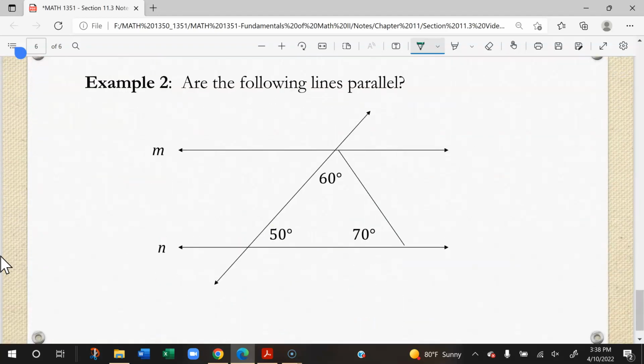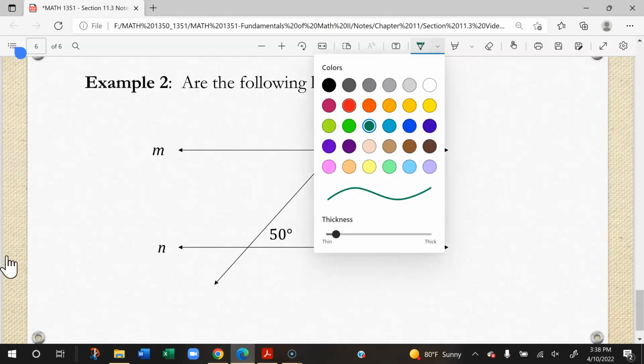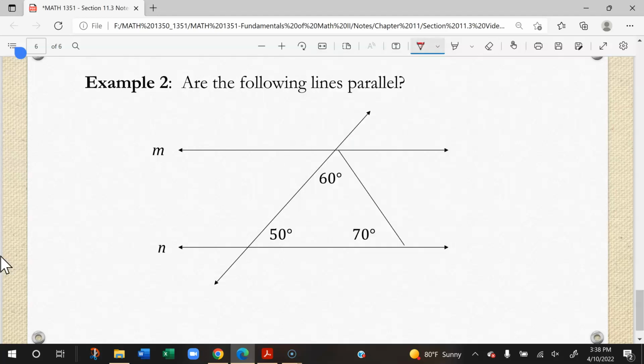Now, are the following lines parallel? Okay. If these lines are parallel, that's a big if. If these lines are parallel, alternate interior angles would be congruent. So that would mean that this would be 50 degrees.